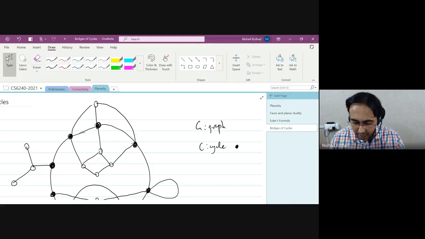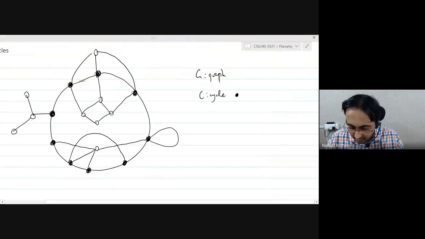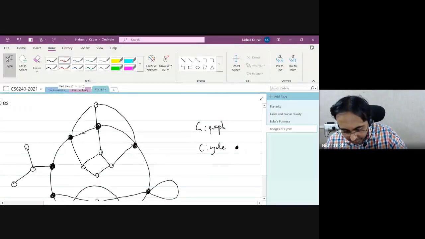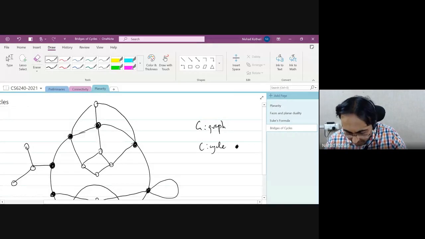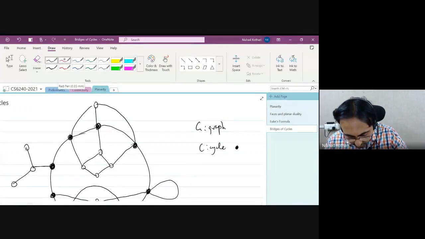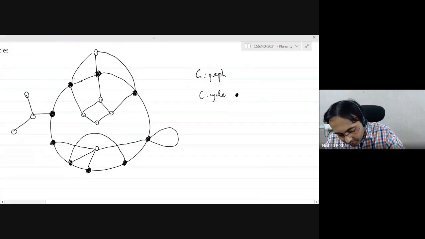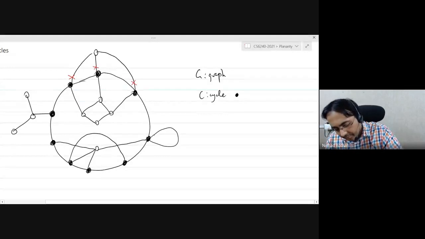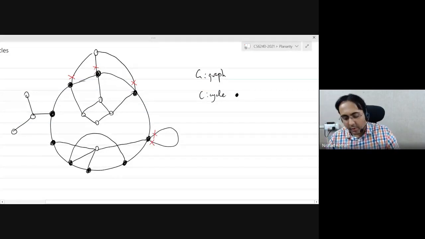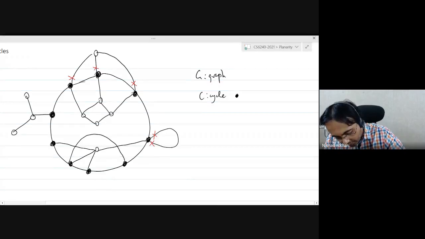So what you would do is cut the cycle out as follows. Let me use red. You would put a scissor cut here, a scissor cut here, a scissor cut here. Likewise, you would put a scissor cut here, but to cut out this loop, you will have to put it twice. And likewise, you would keep cutting with scissors in all these places.